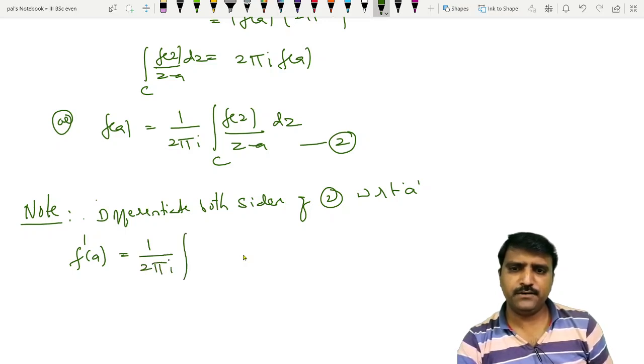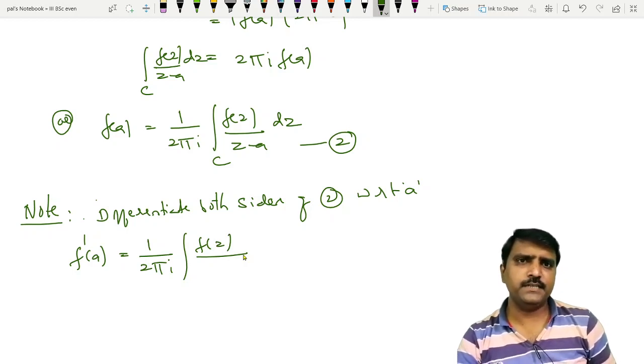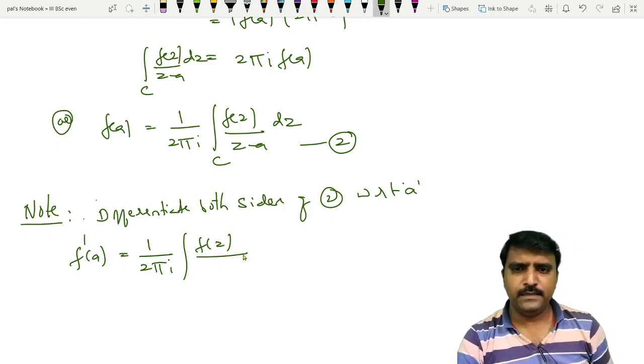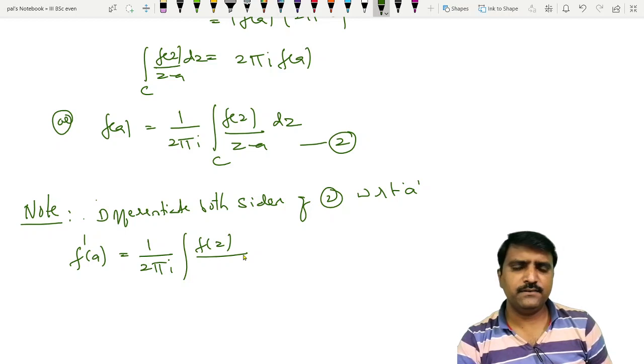the integration of f(z). Because it does not contain any a, here we are differentiating with respect to a, so f(z) is like a constant, and the factor that contains a is 1/(z−a).